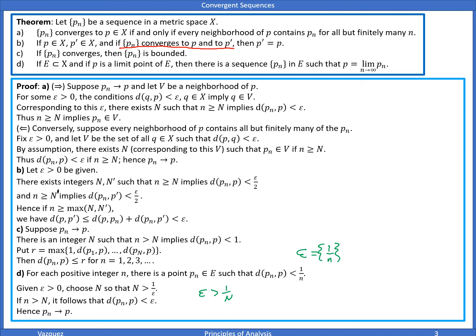Okay, so we're going to move on to some algebraic properties, or algebraic operations, I should say, of sequences. There are multiple theorems. It's going to be a pretty long proof, but because we have multiple theorems, nothing too complicated.